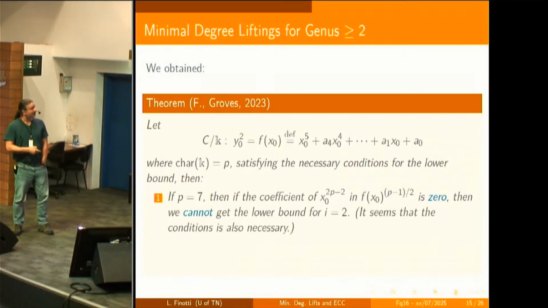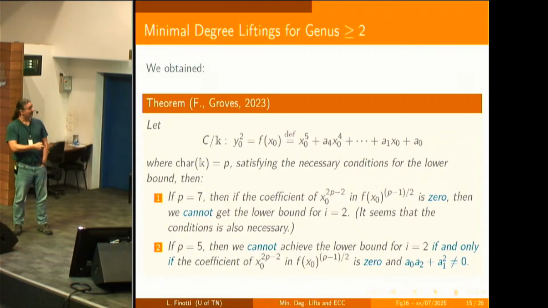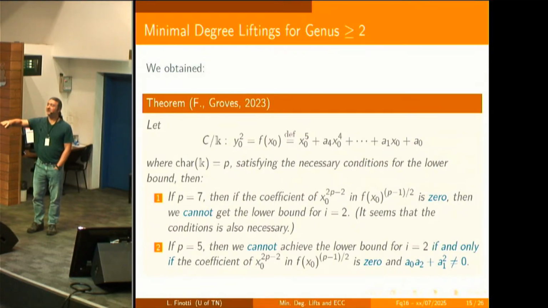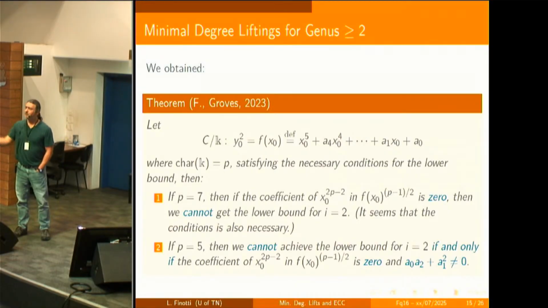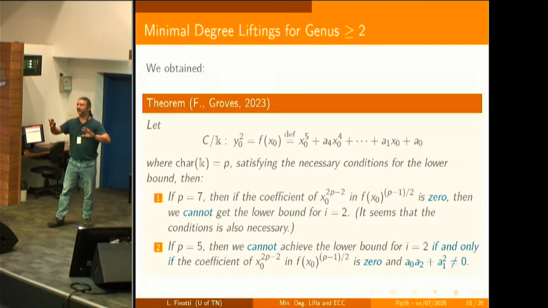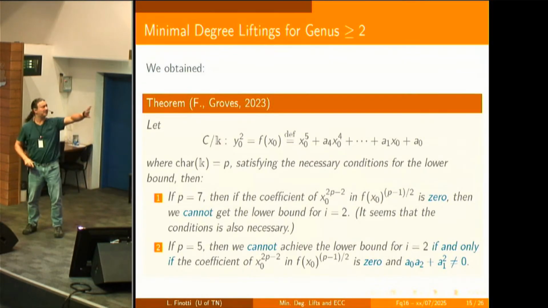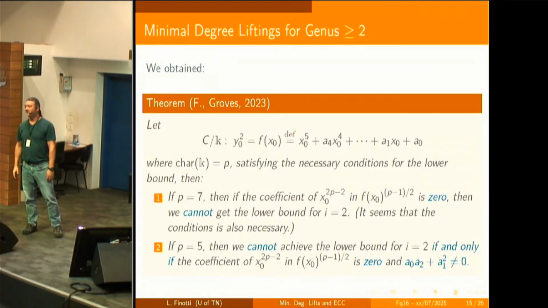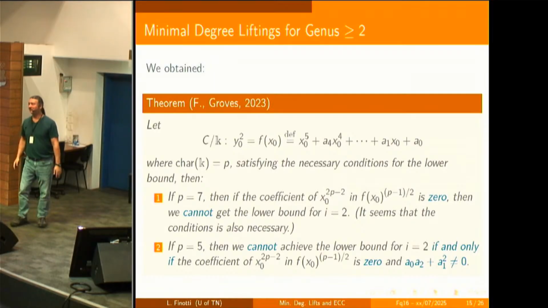But there are lots of examples, like for p equals 5, where you still need the hyperelliptic curve to be ordinary, but there's an extra condition. In the case that you want to have the minimal degrees, this has to be equal to 0. And these conditions appear sporadically. In some cases only being ordinary is enough. Sometimes you have these conditions that show up, and we can't find what they are. So I guess I'll have to stop here. Sorry for going a bit over.